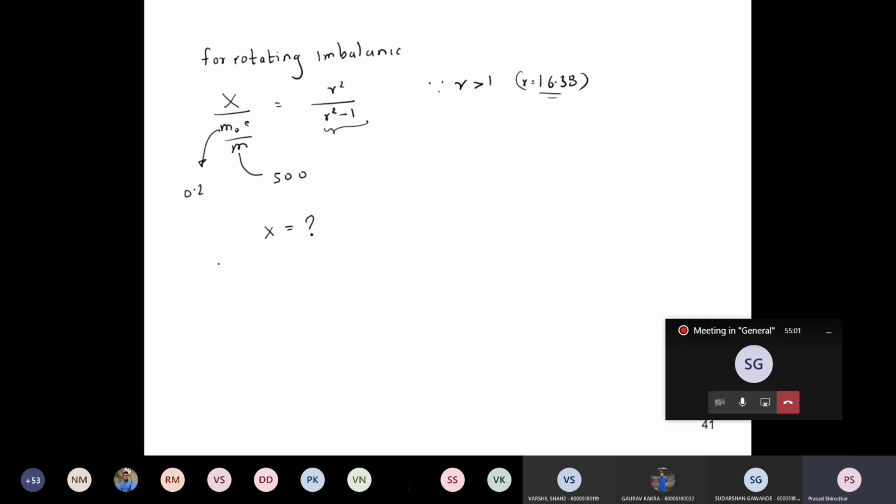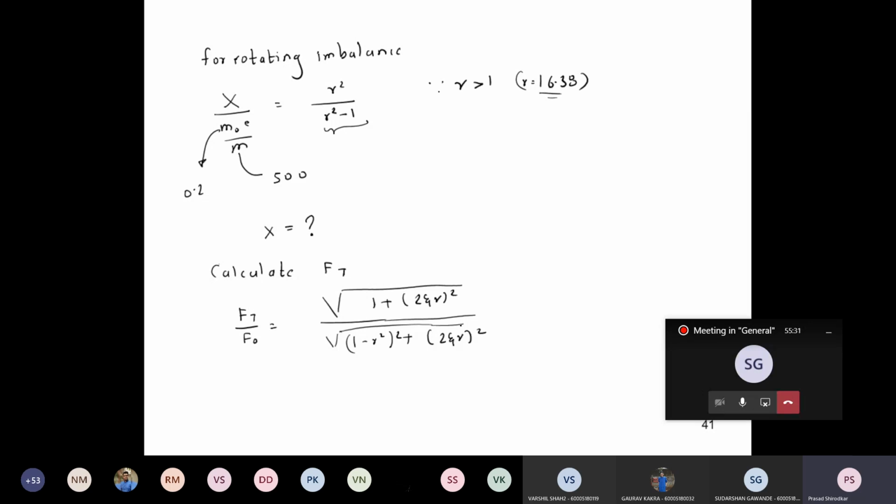The second part is you have to calculate the force transmitted, Ft. Ft by F0, the transmissibility ratio, is given as 1 plus (2 zeta r) whole square divided by (1 minus r square) whole square plus (2 zeta r) whole square.